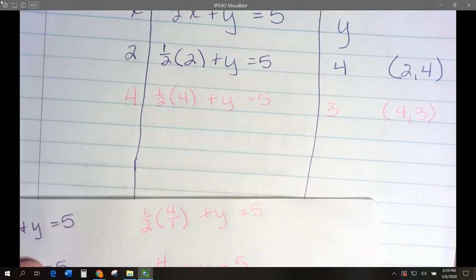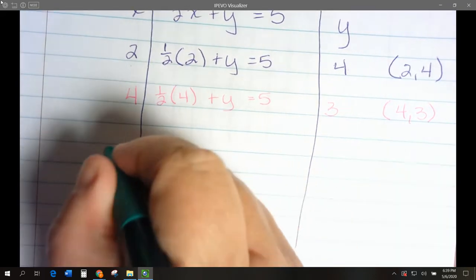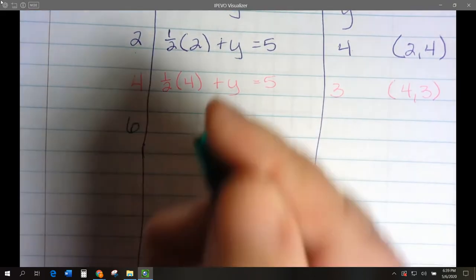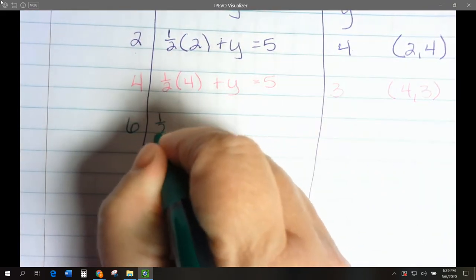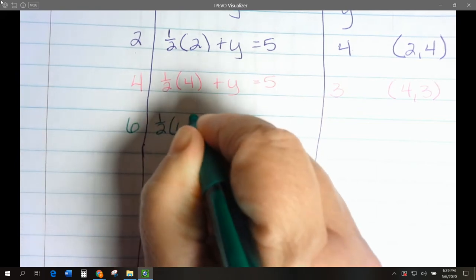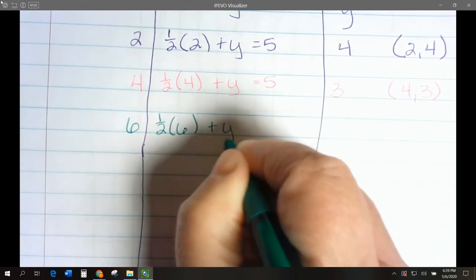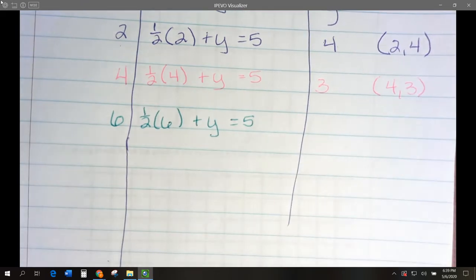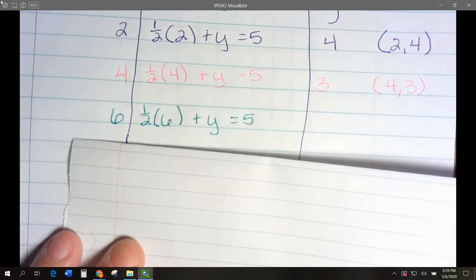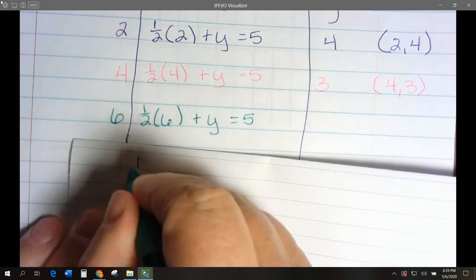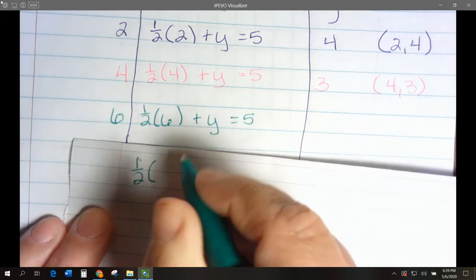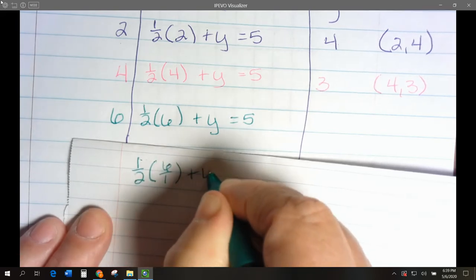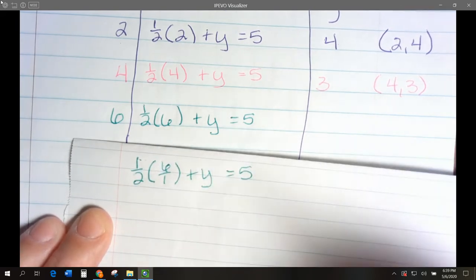Now let's go on. We did 2, 4, let's do 6. So we put 1 half times 6 plus Y equals 5. Let me do this here. I have 1 half. I'm going to write 6 as 6 over 1 plus Y equals 5.